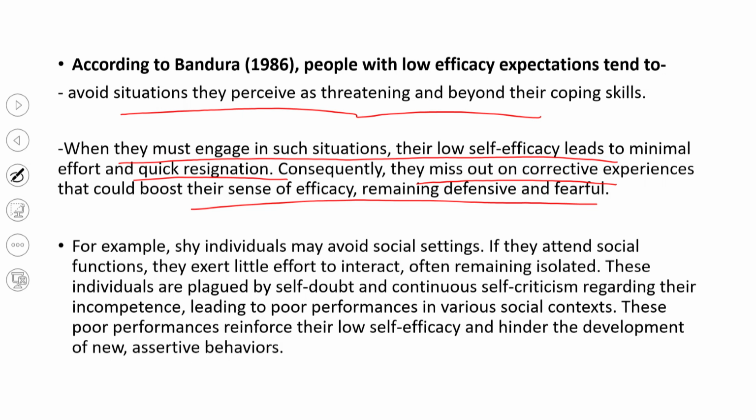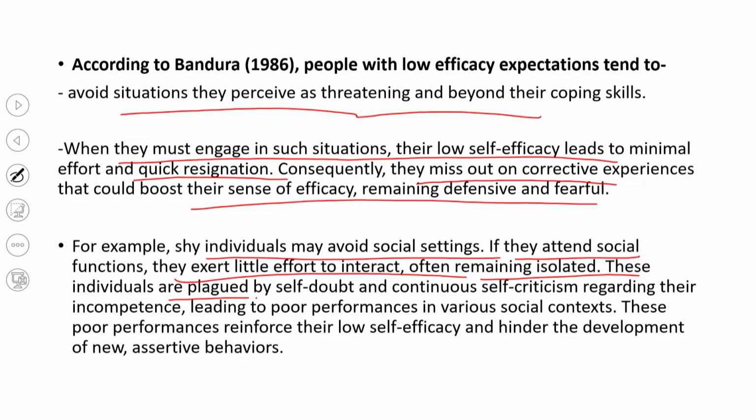Because of low self-efficacy, they avoid situations where they could get success. So, they do not get success, and self-efficacy again decreases. So, this loop goes on and on. So, these are some of the examples. For example, shy individuals may avoid social settings. If they attend social functions, they exert little effort to interact, often remain isolated.